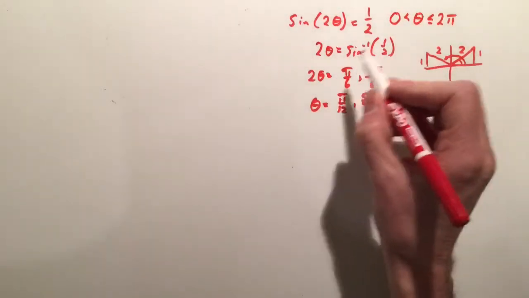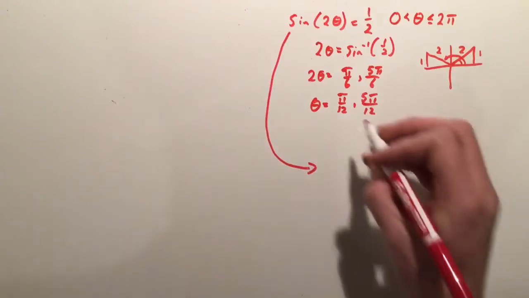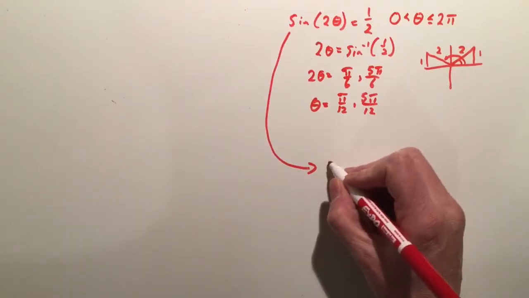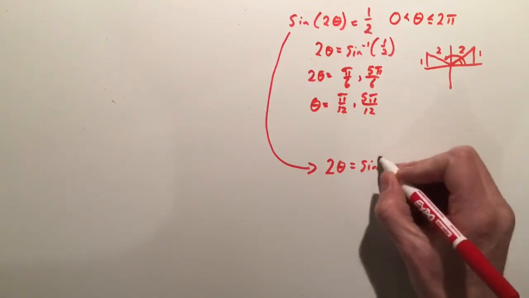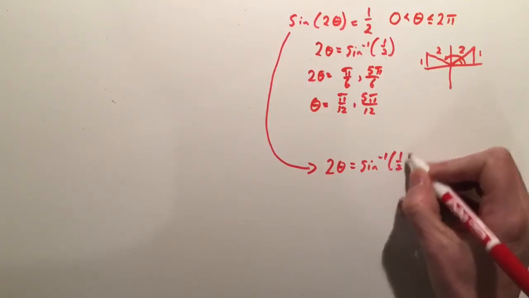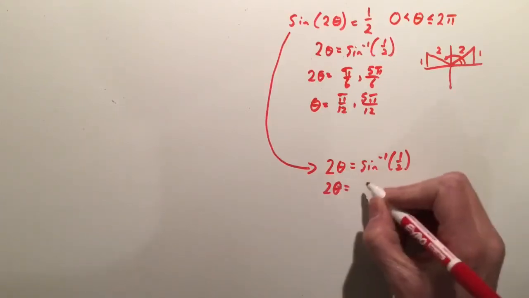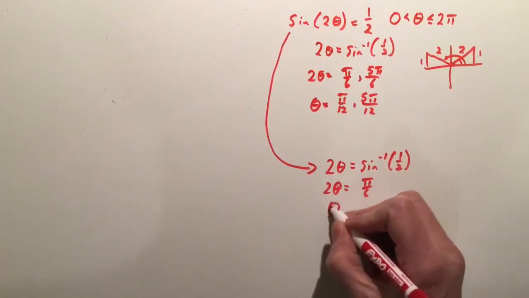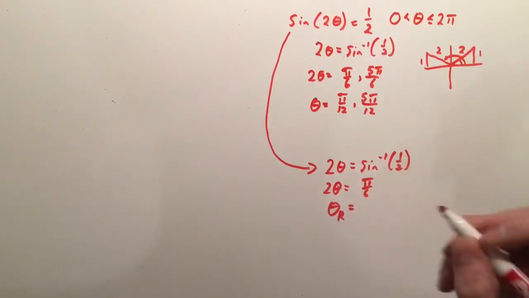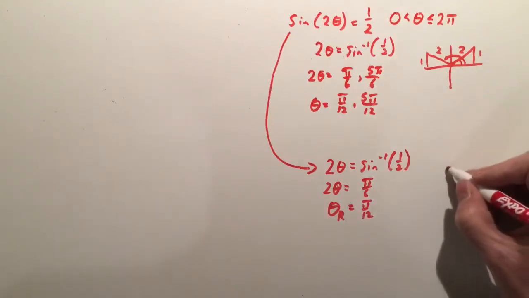Or maybe what we do is we go from here, we try something like this, where 2 theta is sine inverse of 1/2. So 2 theta is pi/6. So theta sub r, our reference angle here, is going to be pi/12.